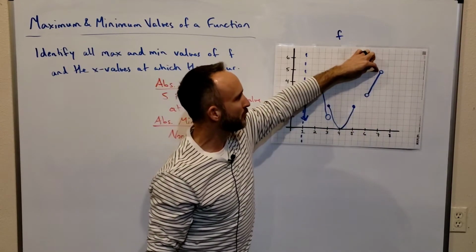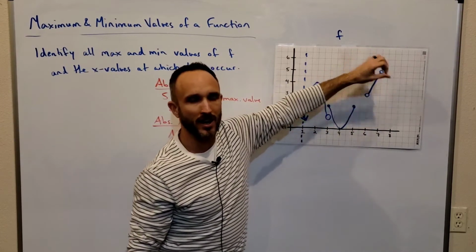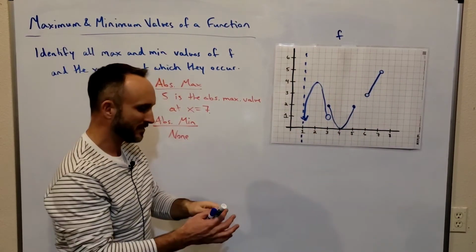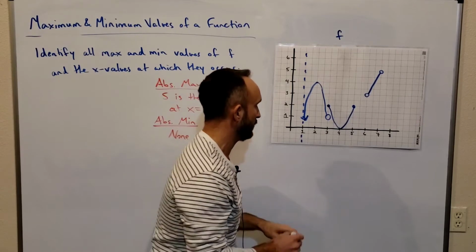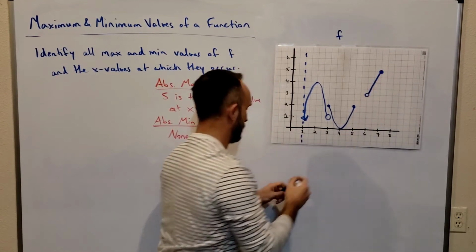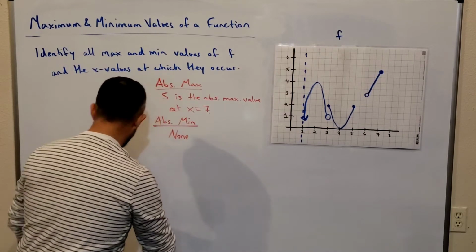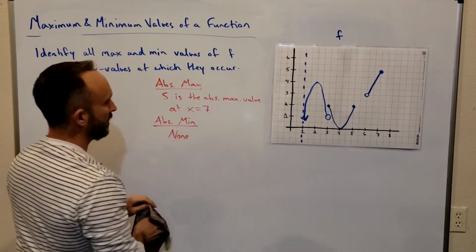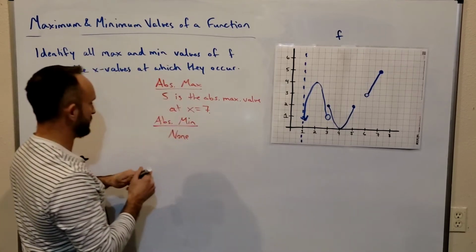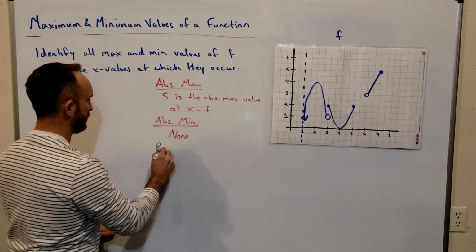We have a boundary point here where y is 5, but it doesn't reach that boundary point. It just gets infinitely close. So that's kind of an interesting little side note there that you may want to write down. Okay, let's resume our discussion though, and let's pick up with the relative. Let's do relative max first.